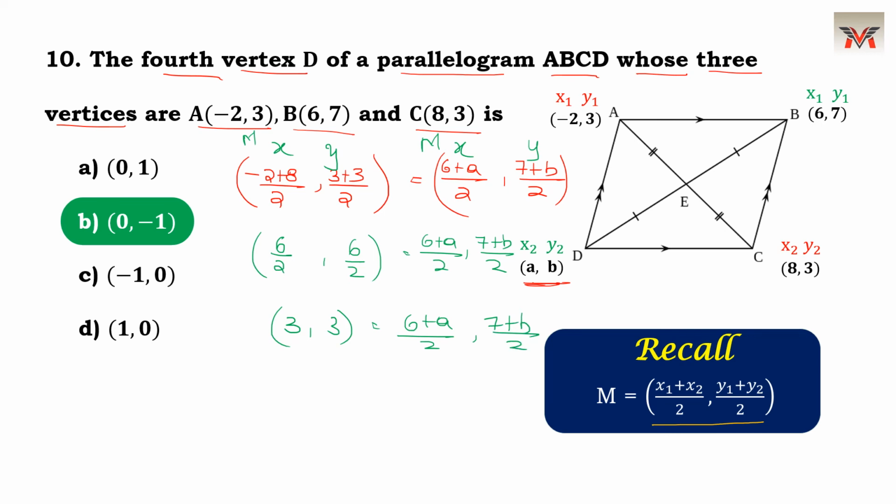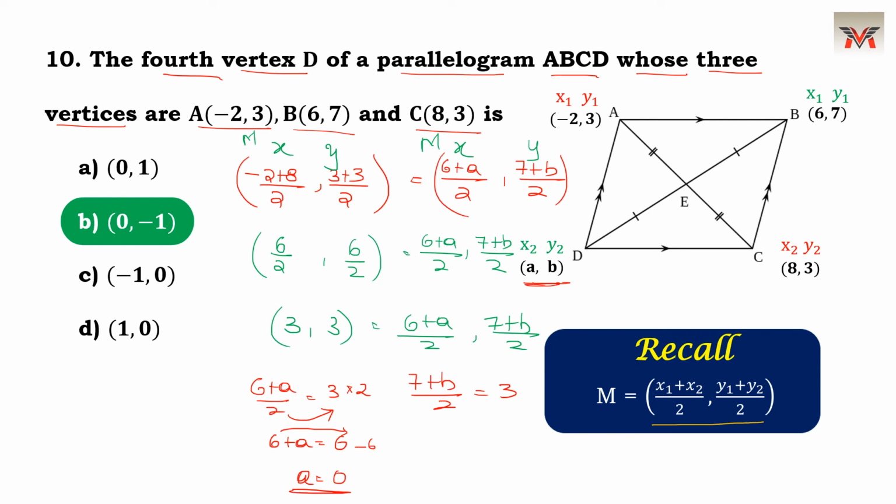Okay, let us equate it to get the values of a and b. That is (6 plus a) by 2 is equal to 3, as well as (7 plus b) by 2 is equal to 3. So here 6 plus a is equal to 6. When I take 2 to the other side, it becomes multiplied by 2, therefore it becomes 6. a is equal to 6 minus 6, that is 0.